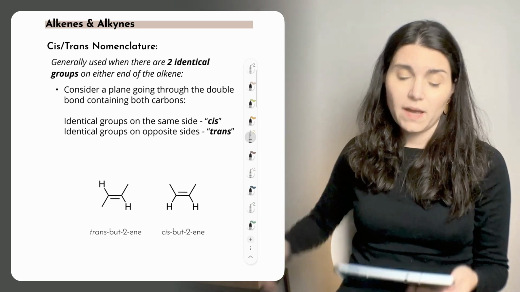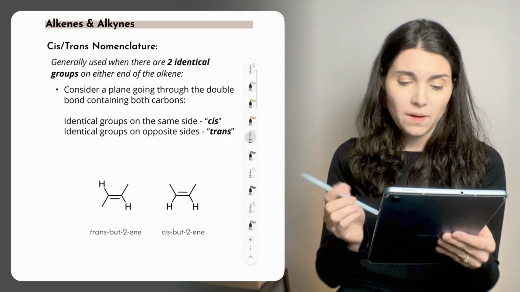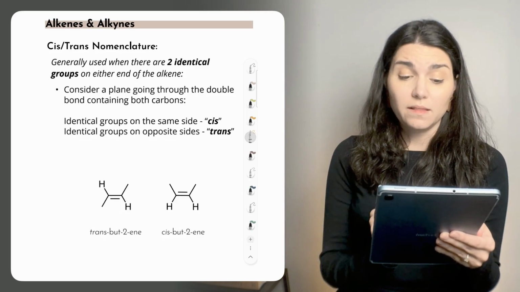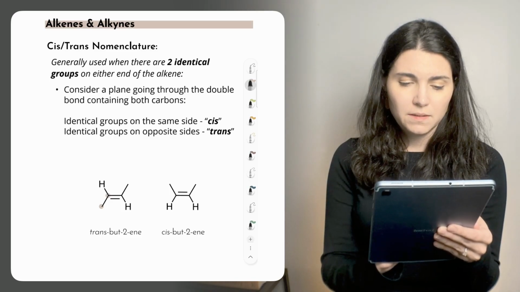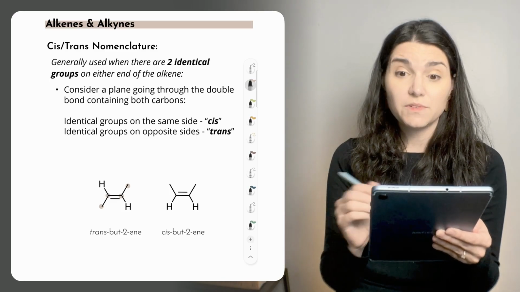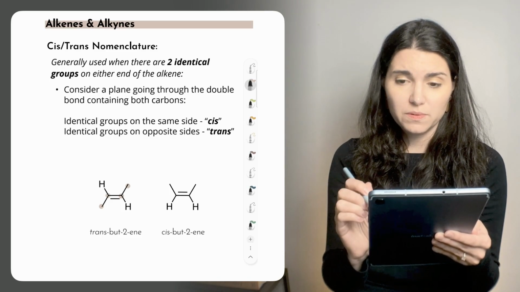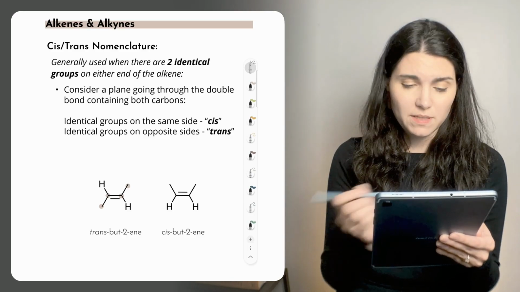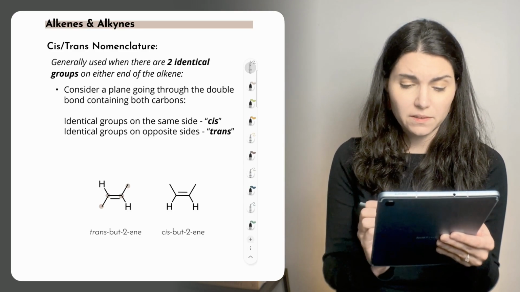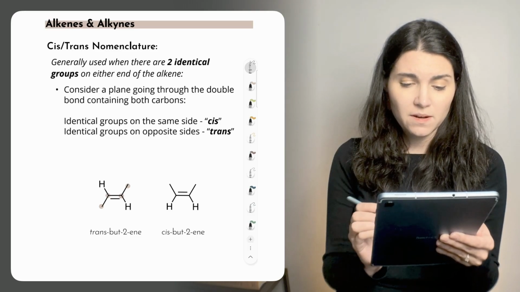So we're going to look at our example here. On the left, we have the butene. Remember, here's our 4 carbons for the butene, and on those double bond carbons, there are hydrogen substituents. We didn't show them before in our skeletal notation, but we're just showing them here.